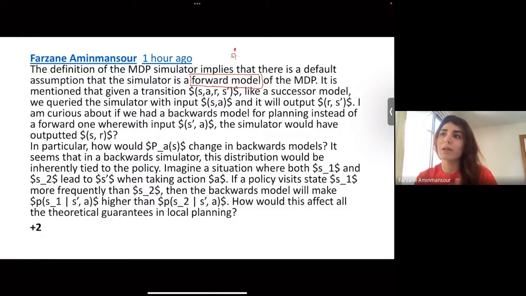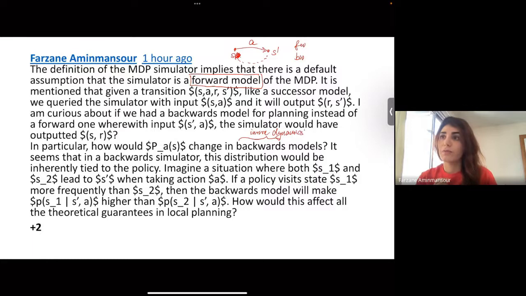But what about a backward model? In backwards, we have our current state as S prime, and we are trying to get to the previous state, right? So we are inputting S prime and action, and we are expecting to get the reward and state S, which is the previous state, and it already happened, right?